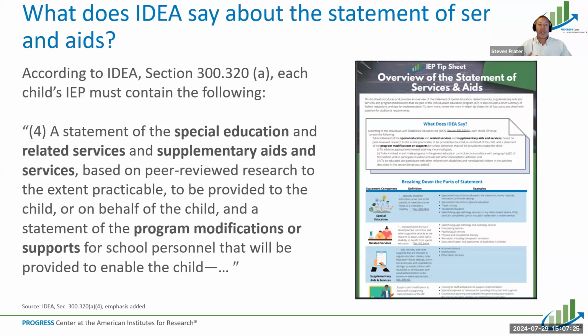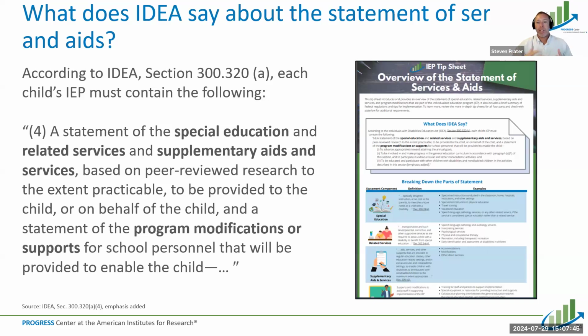So if we look at this definition straight from IDEA, it says the statement of services and aids is the special education and related services and supplementary aids and services, and then down there the program modifications and supports that will help that student be successful in school.